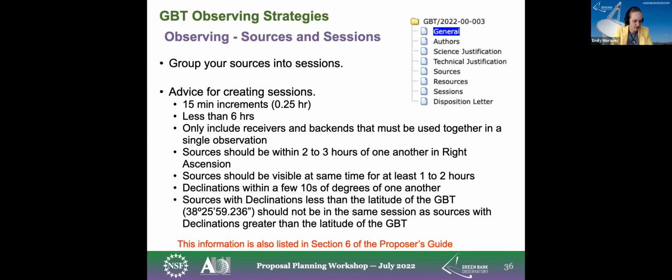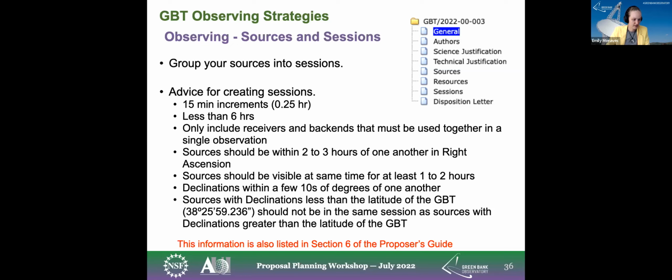If you have a source that has a Dec above our limit here, and then you go below the limit, there are lengthy slew times that occur if you have something below the latitude of the GBT and above. So just generally group those into different sessions.